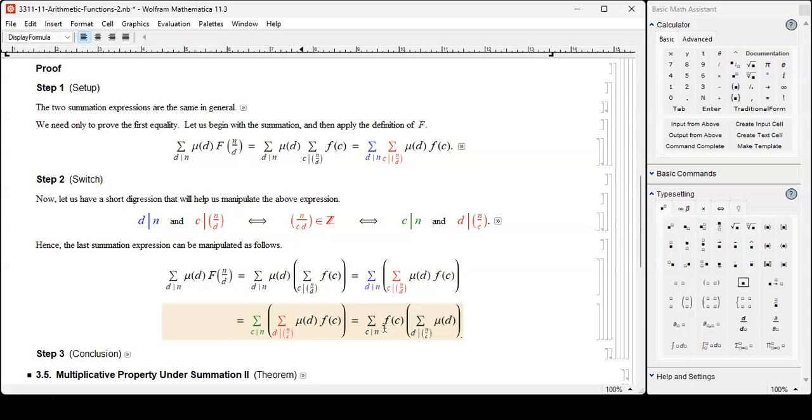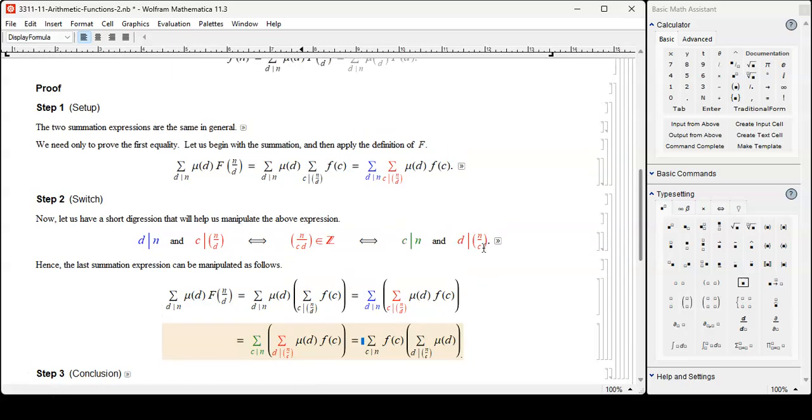Red. I didn't prove it yet, but assuming this is true, this blue summation, red summation, that order, I can switch this into green summation, red summation, thanks to this equivalence. Blue and then red will become green and red. See that? Once you have this, it's easy. Get this f of c out, then summation f of c, and then we have this.